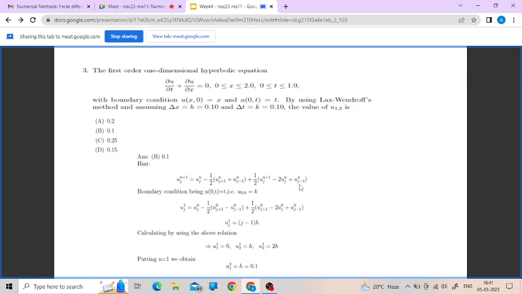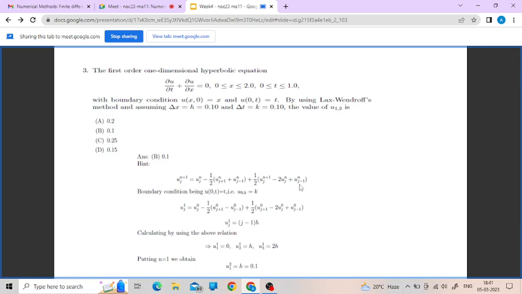Fine. Now when you will substitute these values in the given truncation error equation, so you will get theta into u i comma j plus 1 minus u i comma j minus 1 upon 2 del t plus 1 minus theta into, this was the equation you had been given, so 1 minus theta into u i comma j minus u i comma j minus 1 upon del t minus 1 upon del x square into u i plus 1 comma j minus 2 u i comma j plus u i minus 1 comma j.